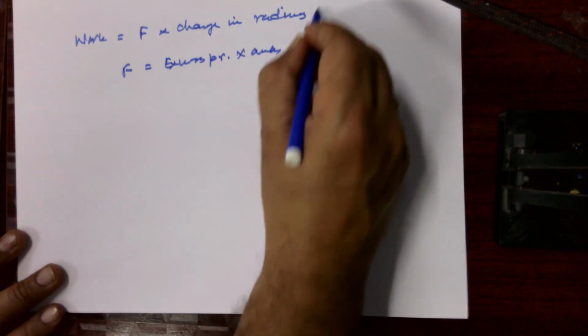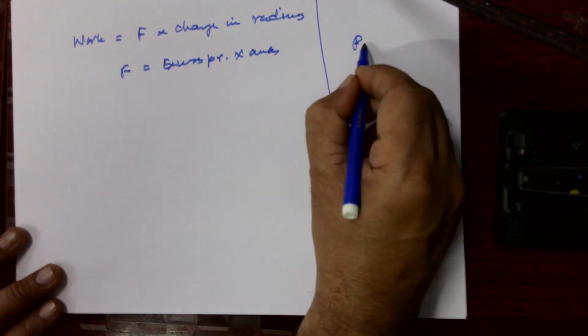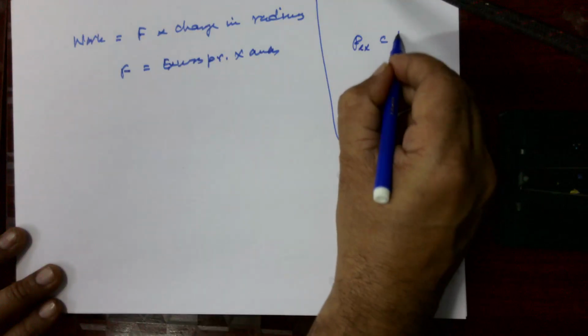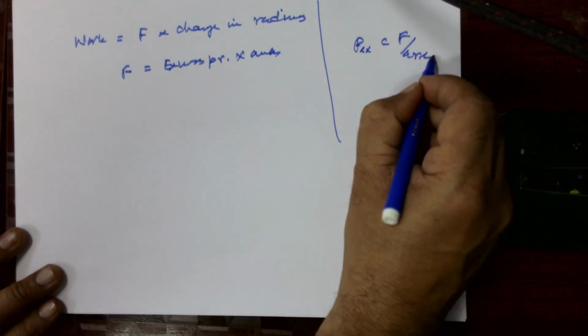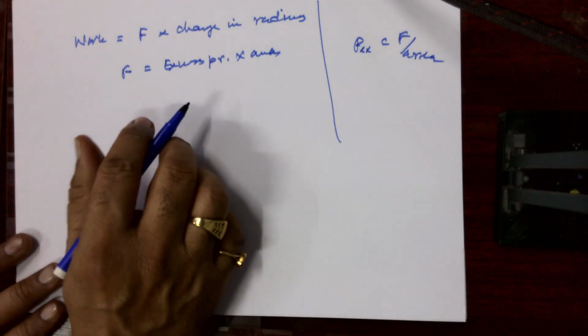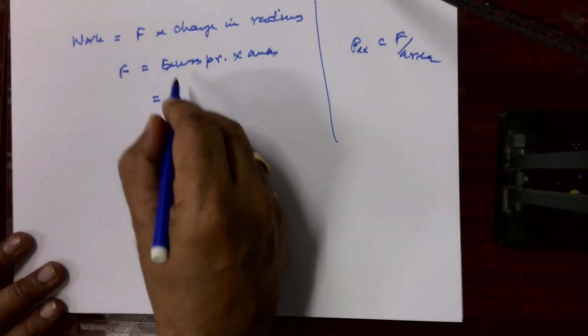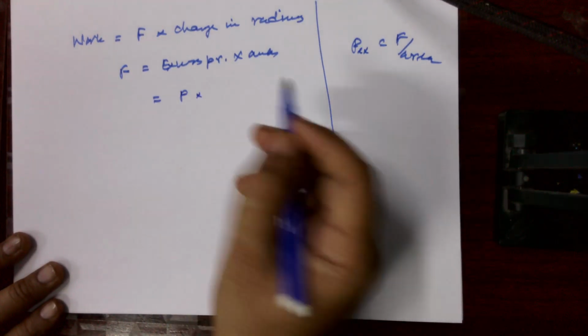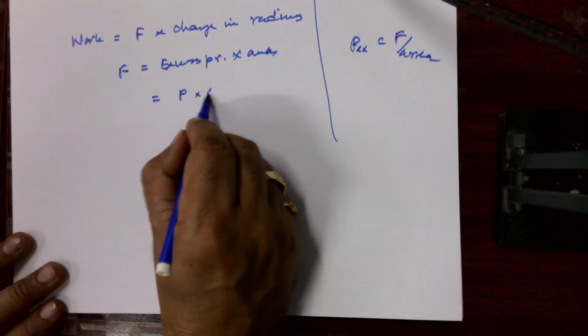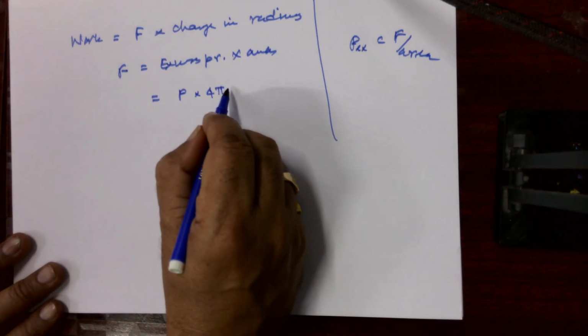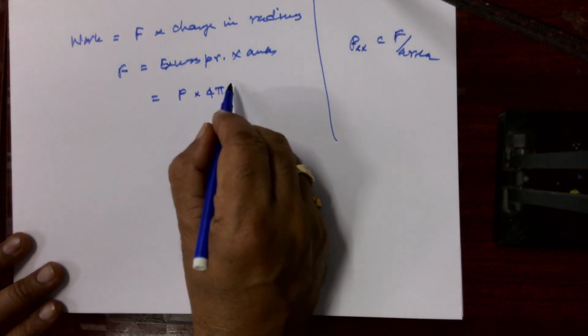Do you know why? Because we already know pressure is force by area. So that is why I have taken this. So the excess pressure P into the area, 4 pi r square.